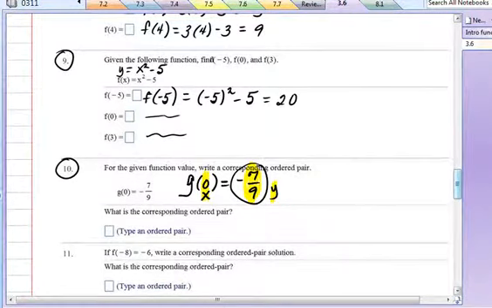So what would it be as an ordered pair? 0, -7/9. Function notation as an ordered pair. This is your x, and this is your y.